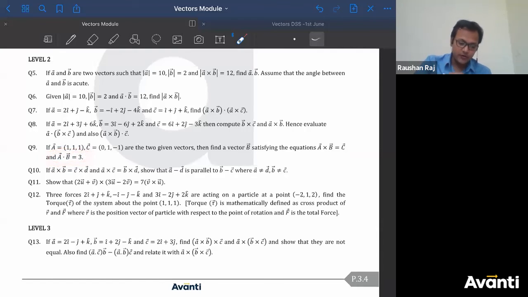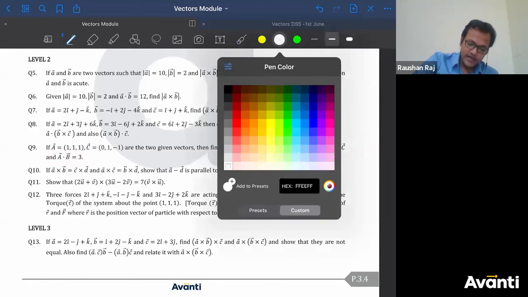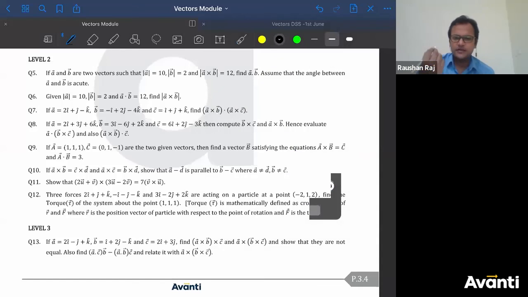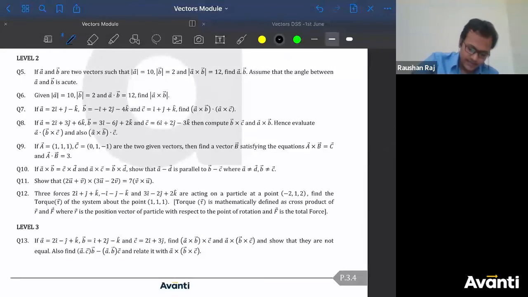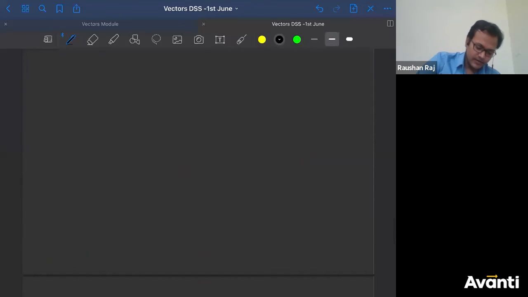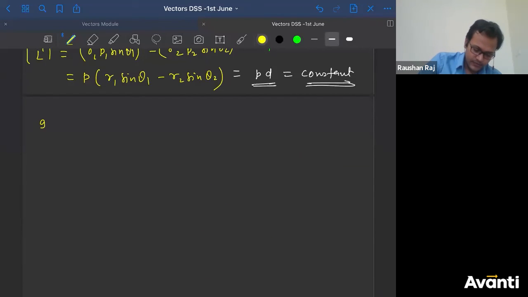That is given to you. See, if I write A dot B, let me consider B as any vector, let us assume B vector is x i cap plus y j cap plus z k cap.